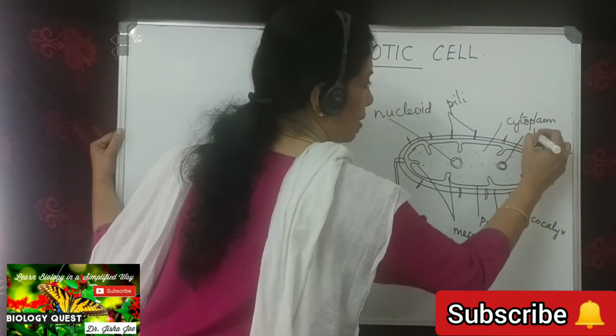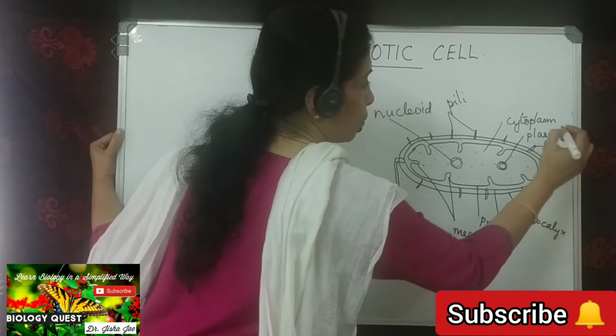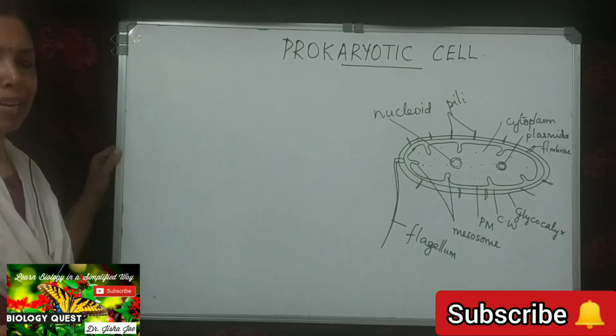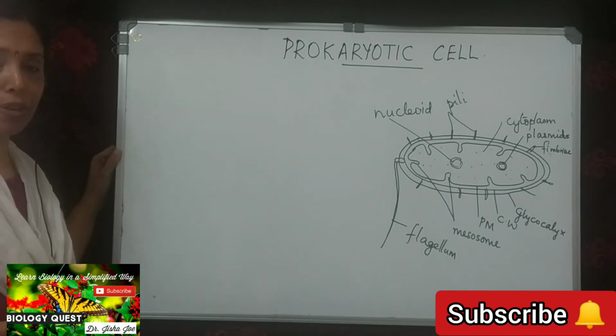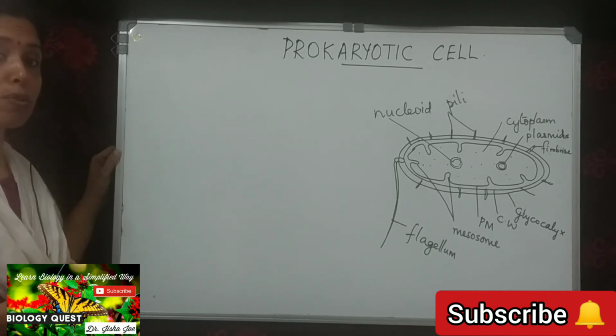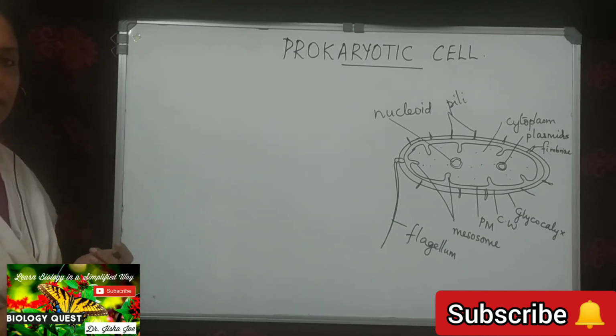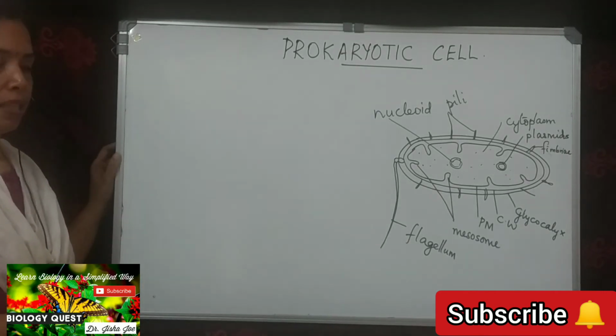As we have already seen, plasmid confers certain unique phenotypic characters to the bacterial cells, such as antibiotic resistance, and plasmids are used as vectors in genetic engineering and recombinant DNA technology.